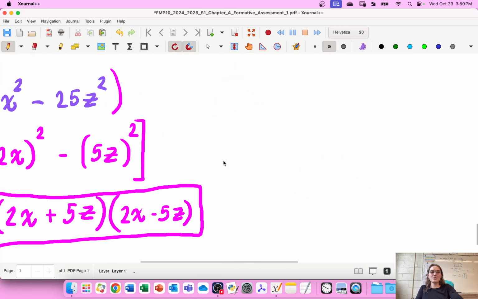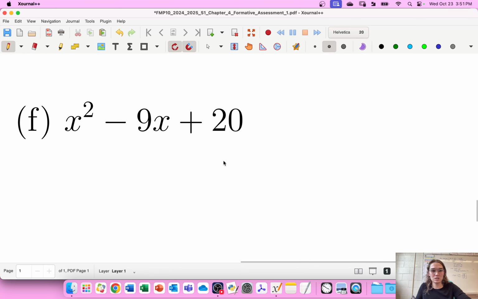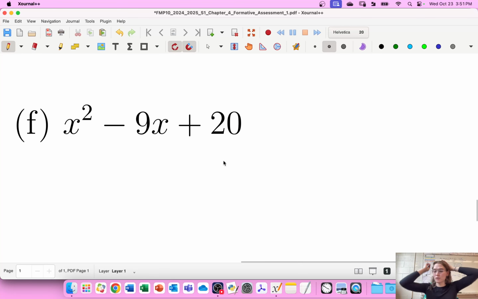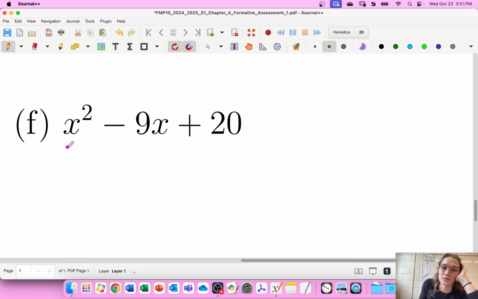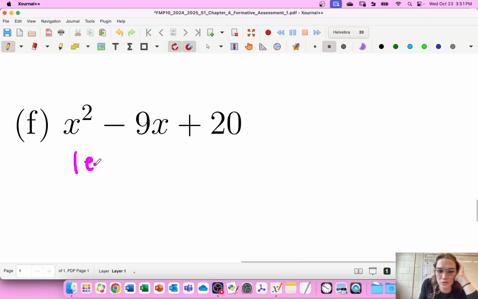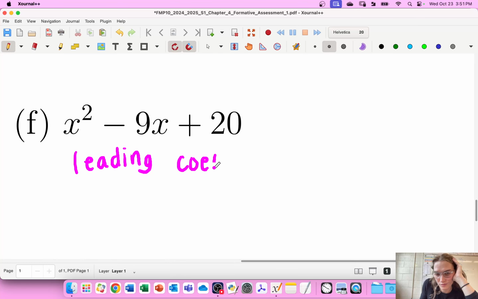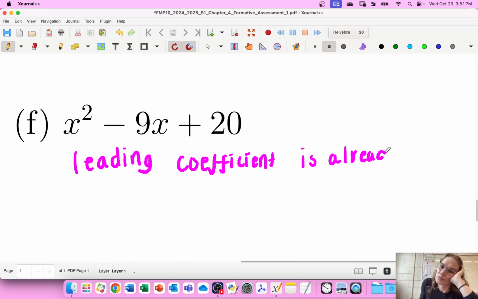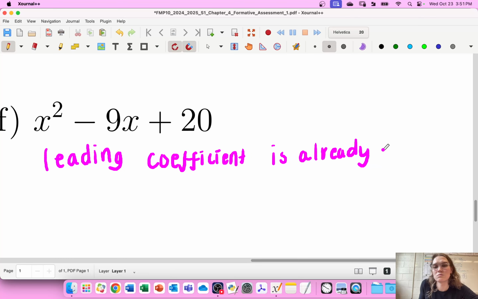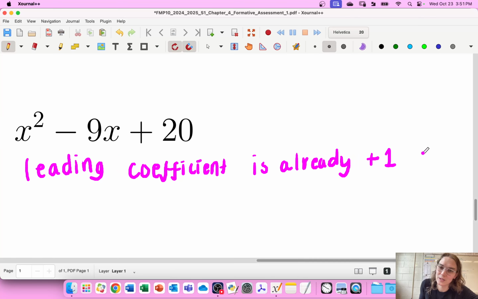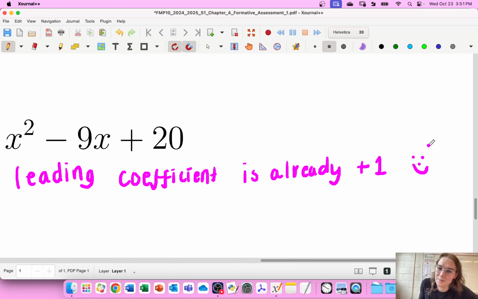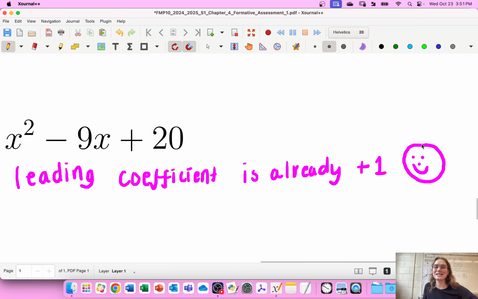All right, and then finally, great, another straightforward little trinomial, because see how the leading coefficient is already positive 1. That makes me so happy.